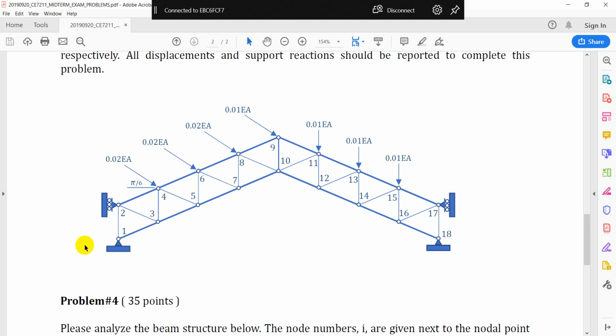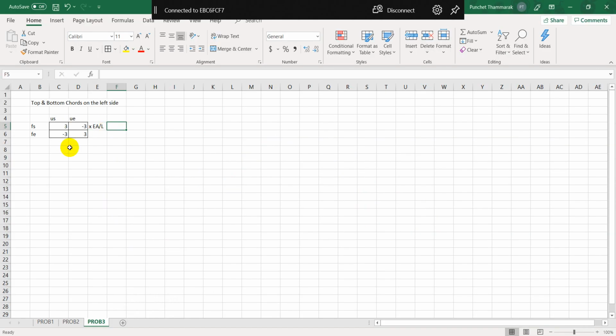Okay, so we just need to be consistent if we intend to measure the axis like this, right? That's going to make the direction cosine.